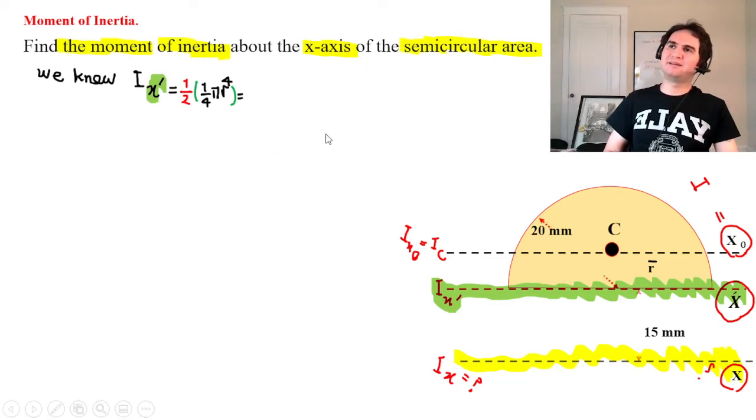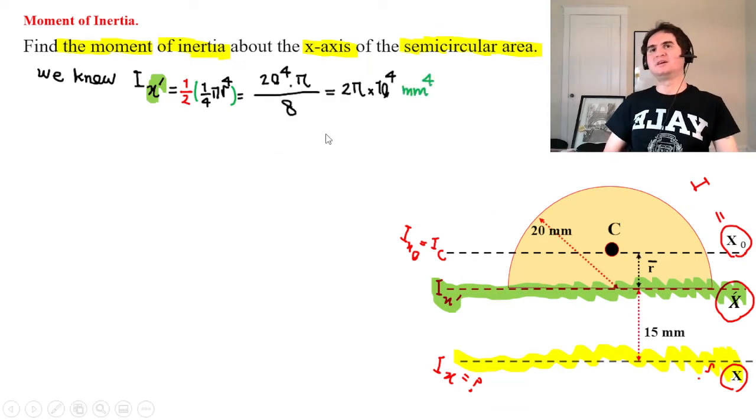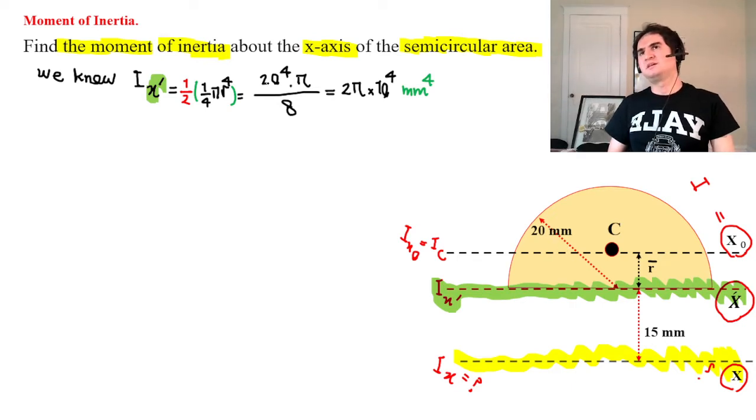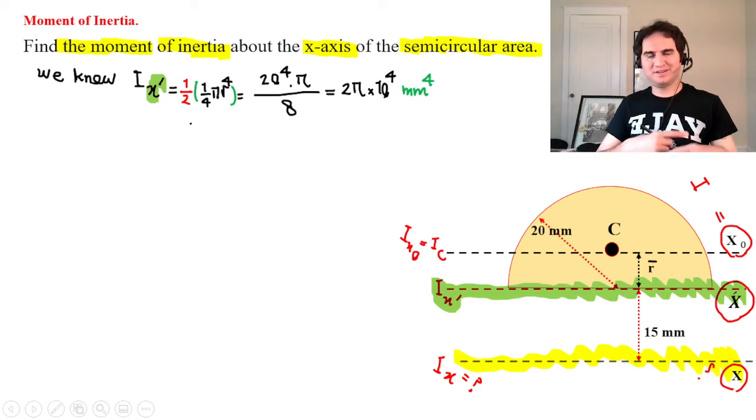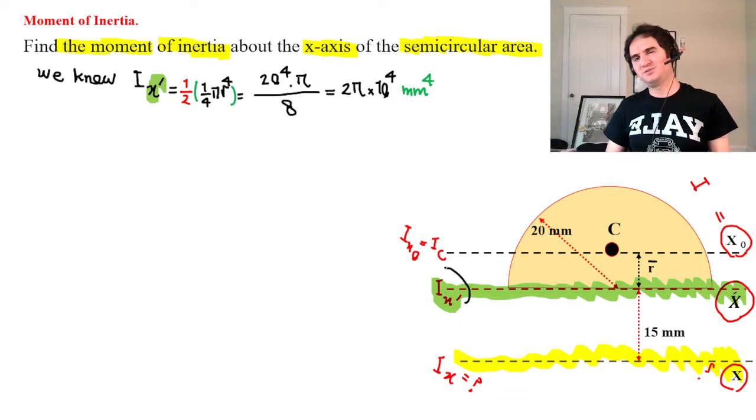If the radius is 20 millimeters, it gives me 1/8 of 20 to the power of 4 times pi, and that gives me 2 pi times 10 to the power of 4 millimeter to the power of 4. And then I just know what my Ix prime is. So that's this number. That's Ix prime.